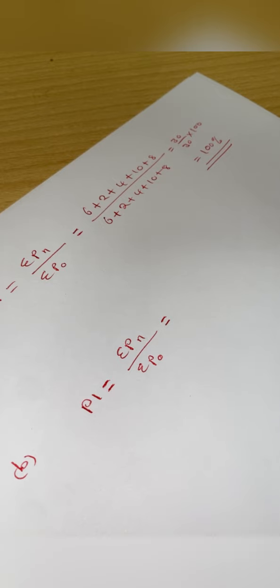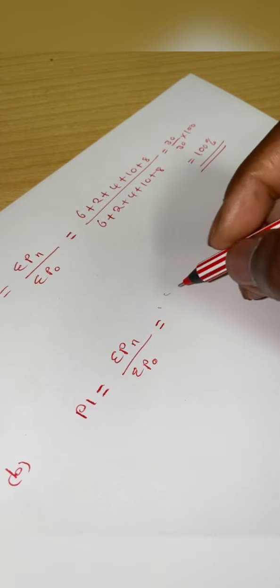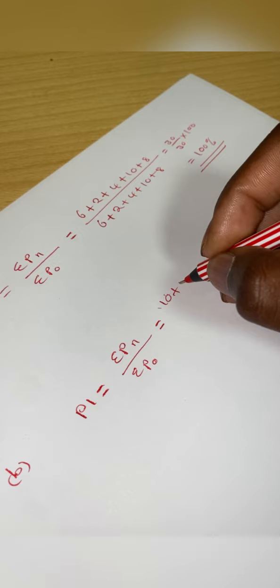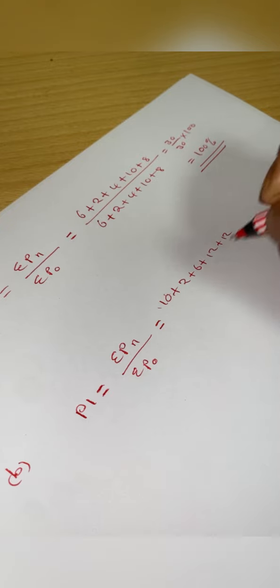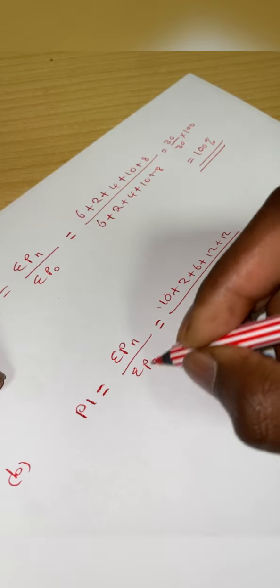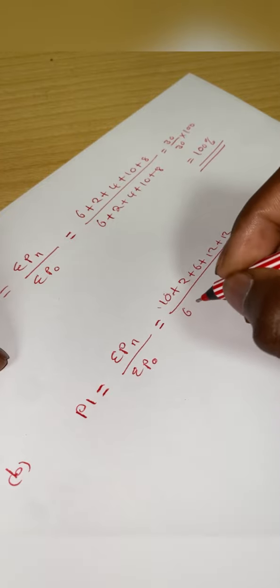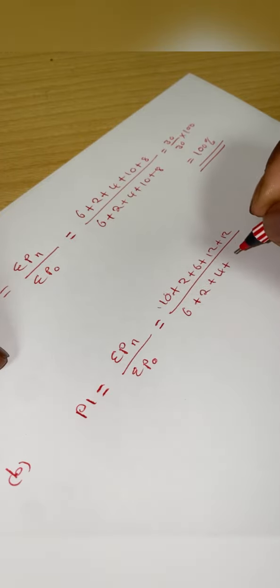So in this case, we are calculating for 2000. We add all the prices for 2000, of which we have 10 plus 2 plus 6 plus 12, and again plus 12. Then we are dividing by the summation of the prices for the base year: 6 plus 2 plus 4 plus 10 plus 8.